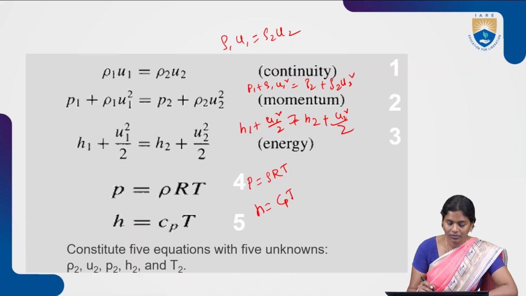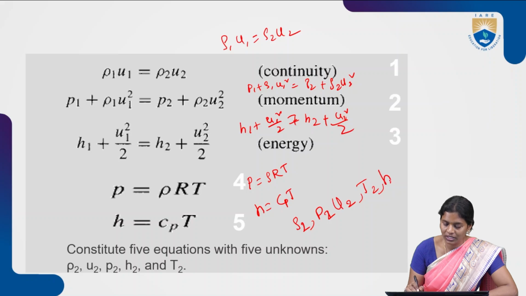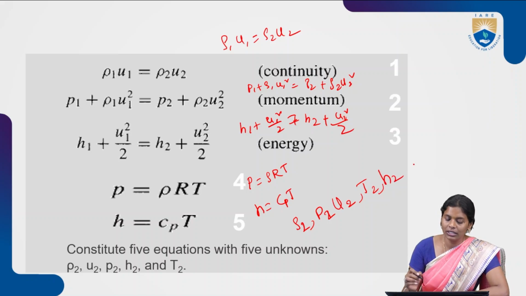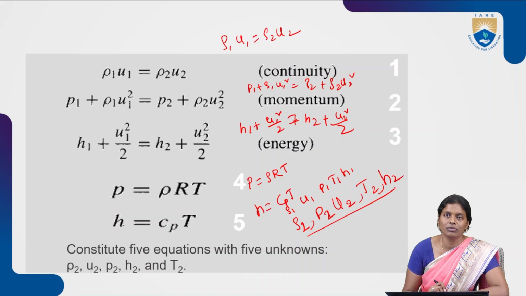We have rho 2, U2, P2, T2 and H2 to find, because we already know ahead of the shock wave, at region 1, rho 1, U1, P1, T1 and H1. So all the conditions at region 1 are known, and those at region 2 we have to find out.